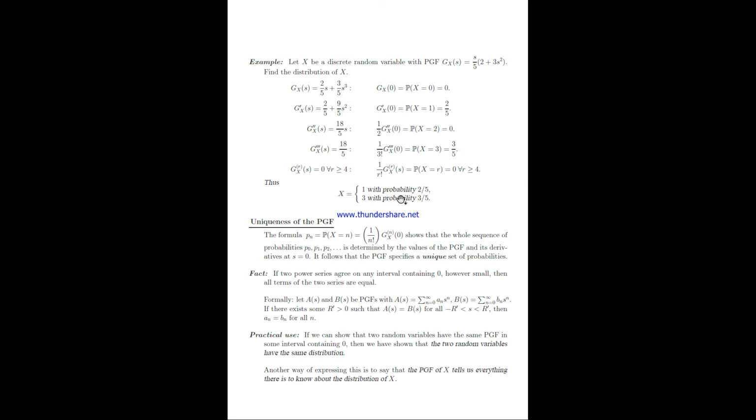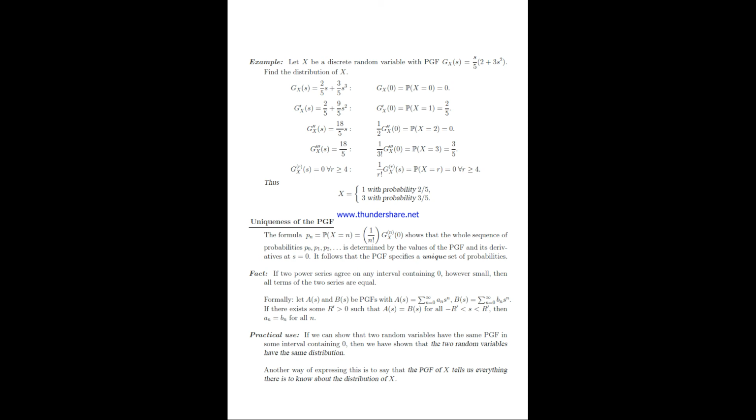So what you can do is identify the distribution of a given random variable by calculating the probabilities using the probability generating function. When you take a probability generating function, it shows the whole sequence of probabilities for a given random variable. We can define all the probabilities of a random variable using the probability generating function. That is a unique thing.